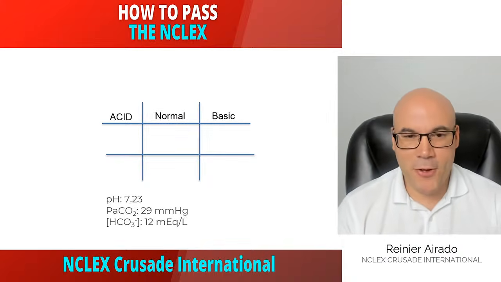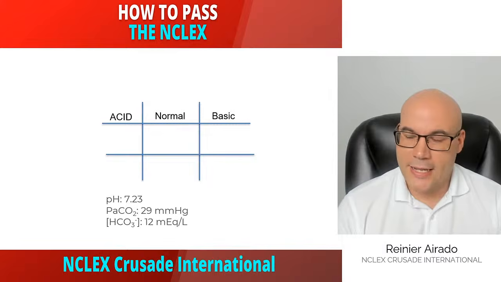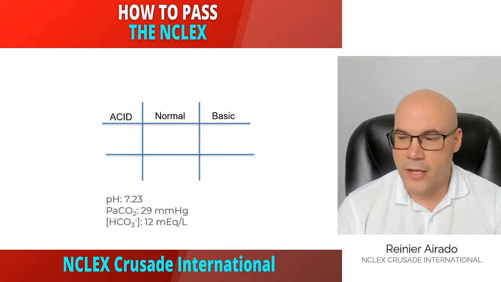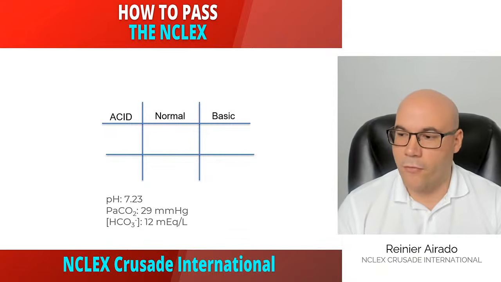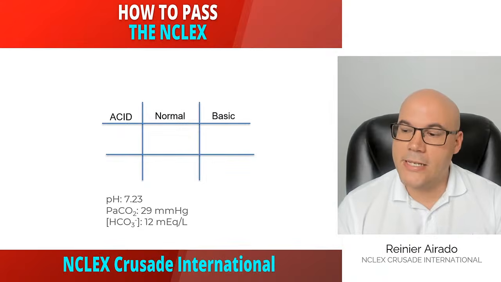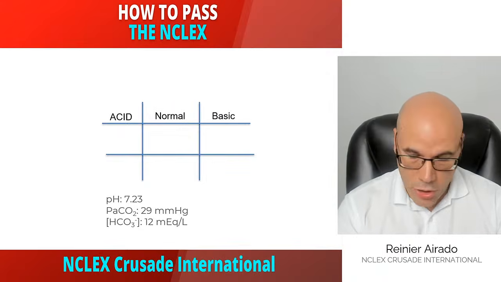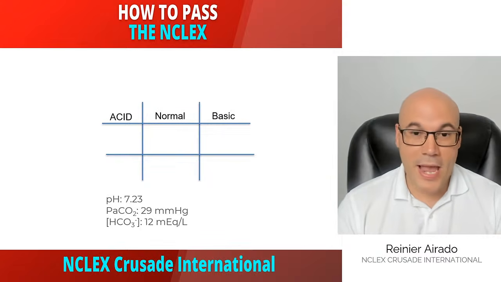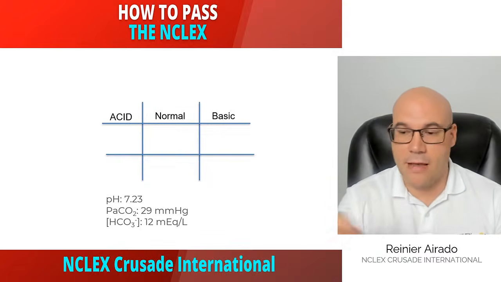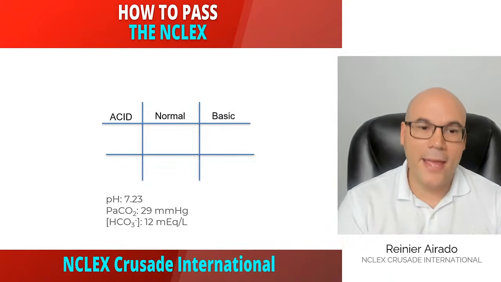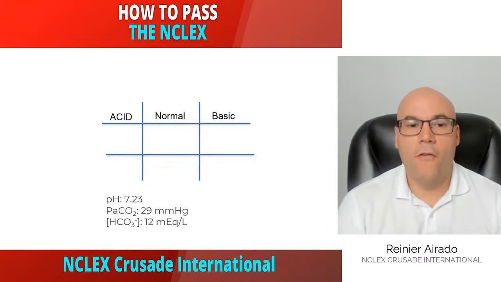I see some of you responding in the comment section. The normal pH is from 7.35 to 7.45. Excellent. The CO2, remember, is similar to pH, just take the 7 away. So pH 7.35 to 7.45, CO2, take the 7 away, 35 to 45.